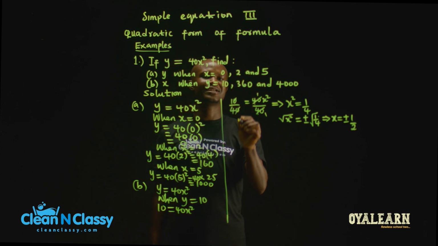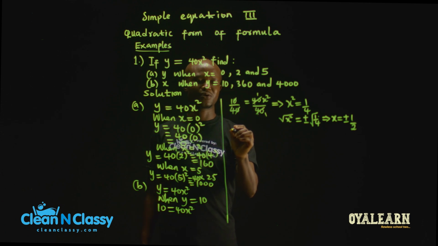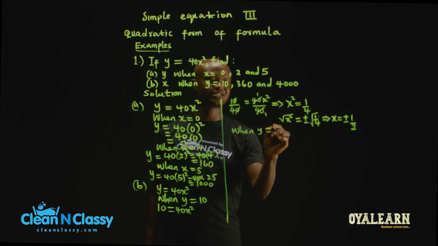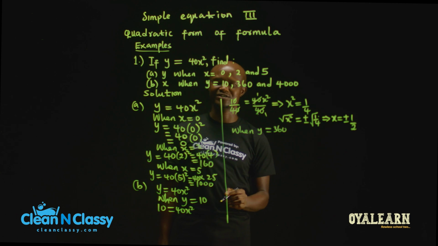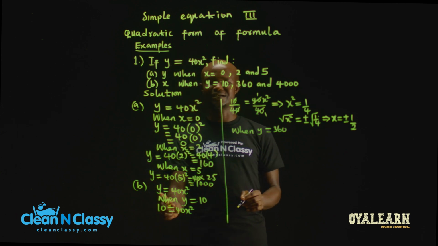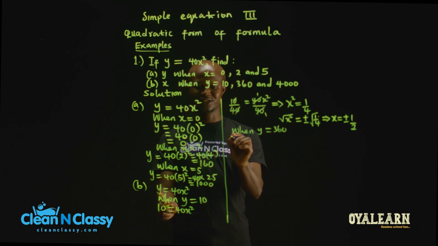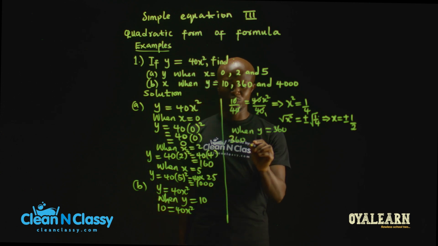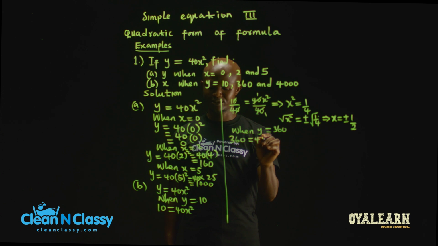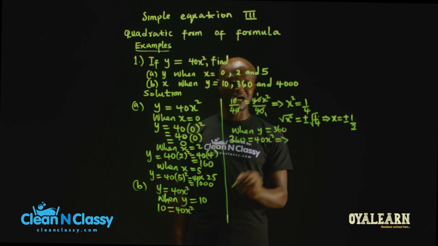Now, the next one: when y equals 360, what will be the value of x? We still go back to the formula. Anywhere we see y, we put 360. So we have 360 equals 40x squared.